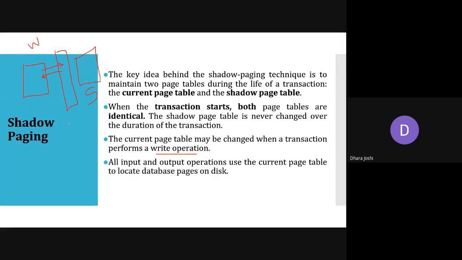The updates made during the transaction's lifespan will be reflected in this current page table only. Whatever changes we need to make, if we are reading the value of data item A, then writing it, for reading and for updating, we do it on the disk with the help of the current page table only.